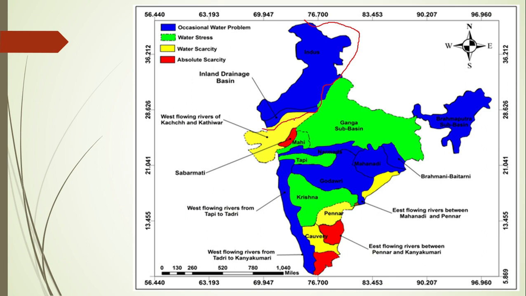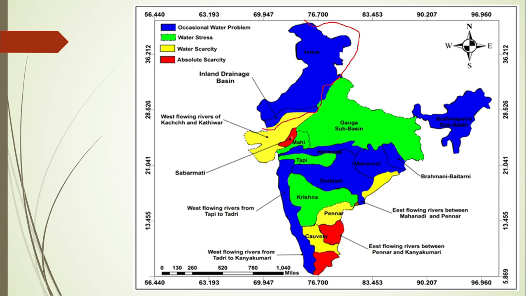Then the yellow region, whole of Saurashtra and maximum portion of Gujarat and Rajasthan. Then here, Pennar and Kaveri River Basin and Orissa, we are finding water scarcity. Then these are the red marker zones that are absolutely water scarce.